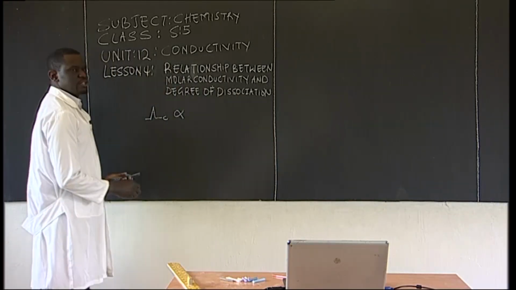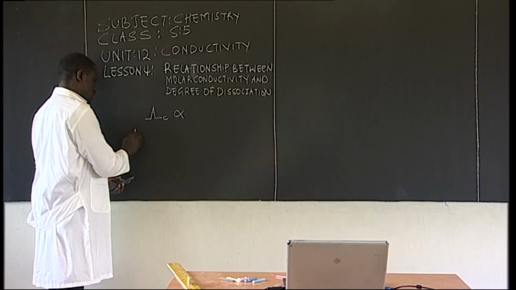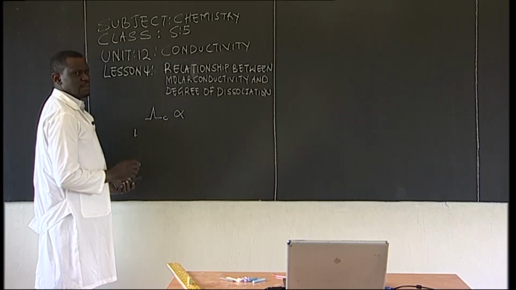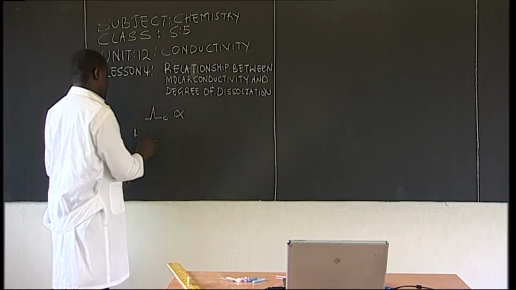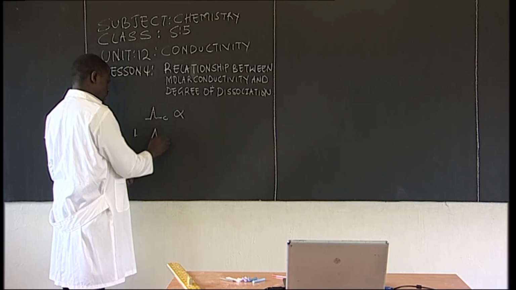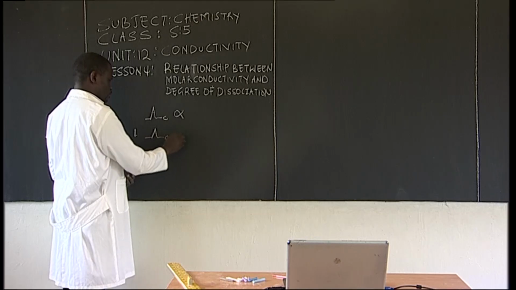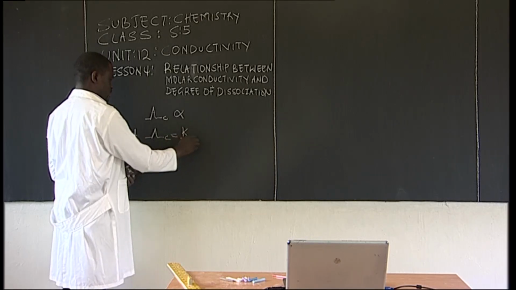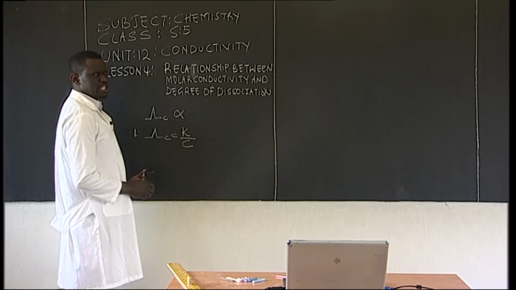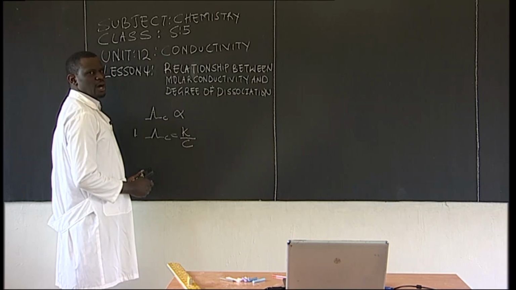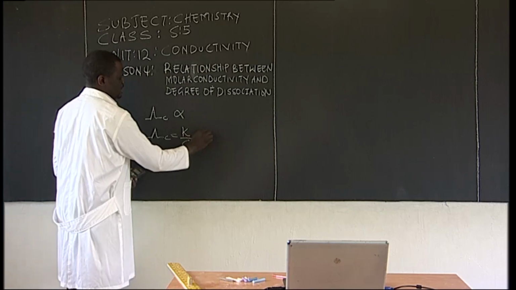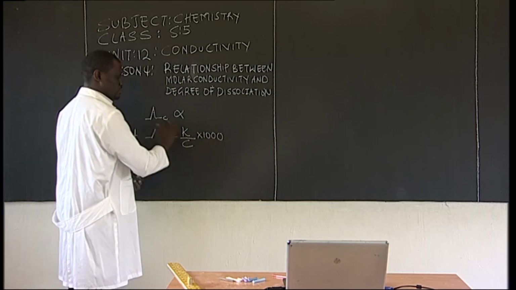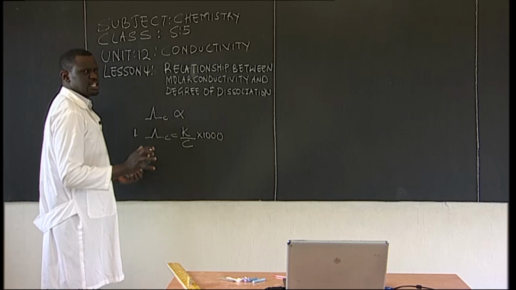We are on worked example number 1, and we are going to do it together. Here they are telling us to calculate the molar conductivity, and we know that molar conductivity is equal to conductivity over C. Then we look at our units. Our units are in centimeters, so we multiply by 1,000 and calculate without changing units.